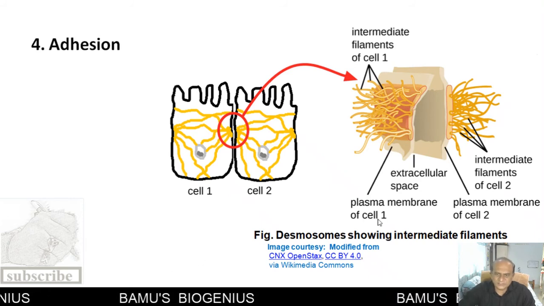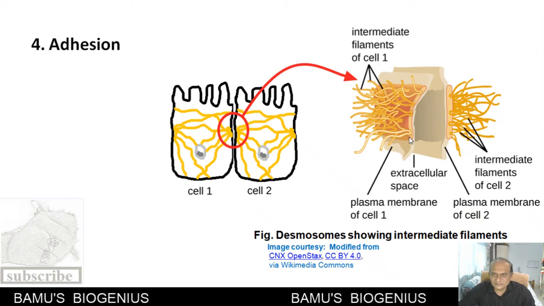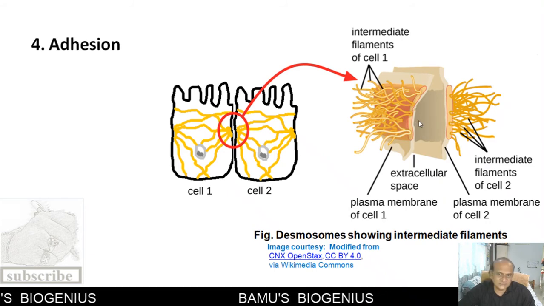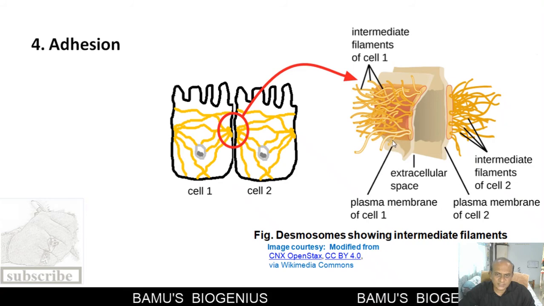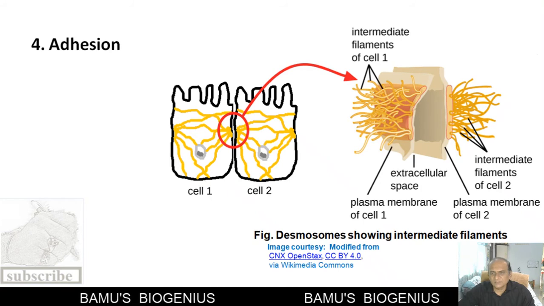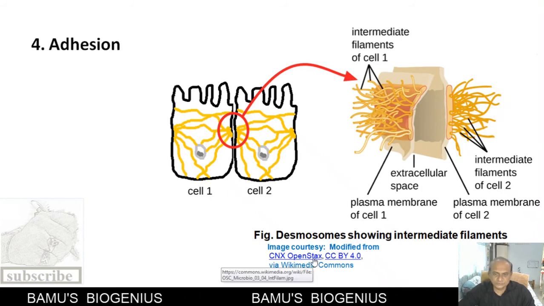You can see here the plasma membrane of the first cell and the plasma membrane of the second cell forming a desmosome, and this is a kind of arrangement that attaches neighboring cells with each other, and these desmosomes are attached with the intermediate filaments. So this is how intermediate filaments act like a gluing material between the cells. So this is known as desmosomes.